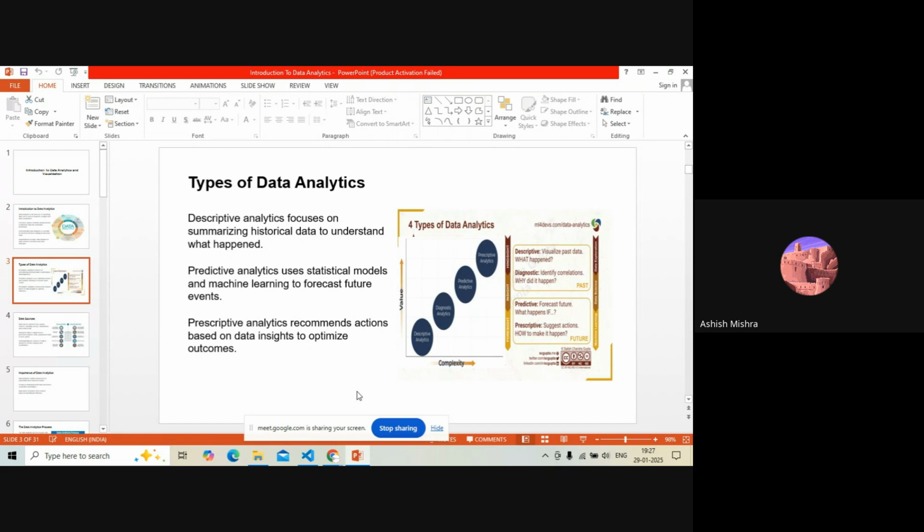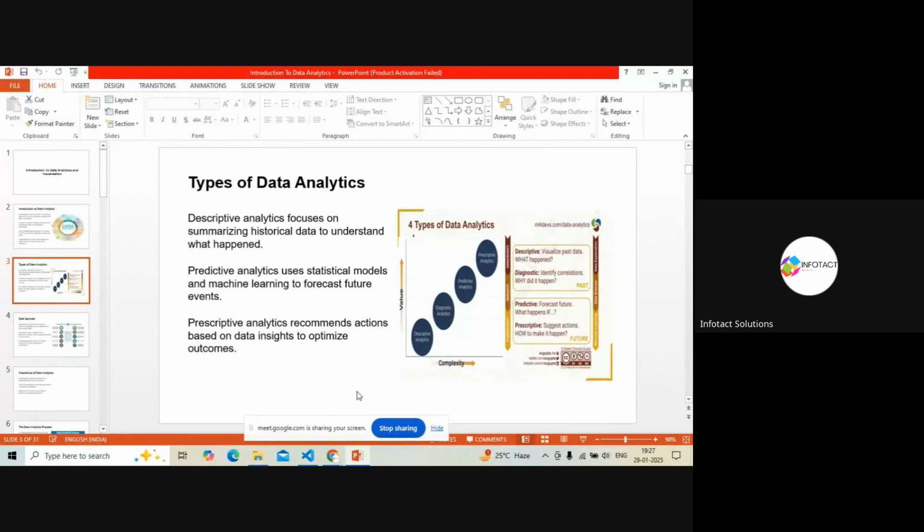Non-linear optimization, then integer optimization, we have discussed. In non-linear optimization, gradient comes. Then the third type of optimization is integer optimization, when decision variables must be integers, like deciding how many machines to buy.